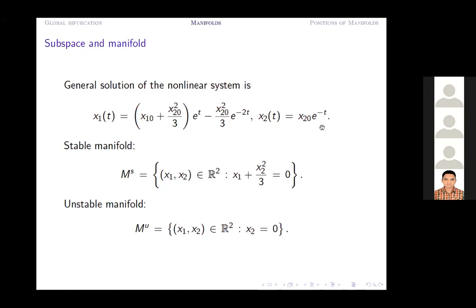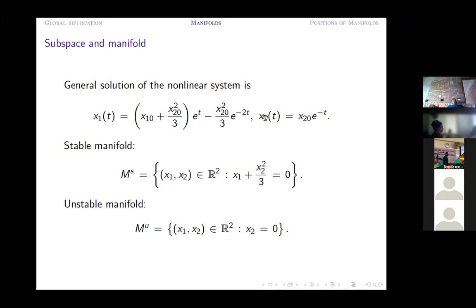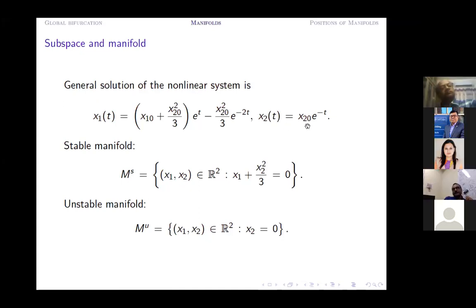But surprisingly, just try to follow my statement, this term is absent. Once this term is absent, from this equation you can find x2(0) e to the power minus t is equal to x2. So if you substitute x2(0) e to the power minus t equal to x2 in this equation, with this particular term absent, you find x1 equal to minus x2 square by 3.